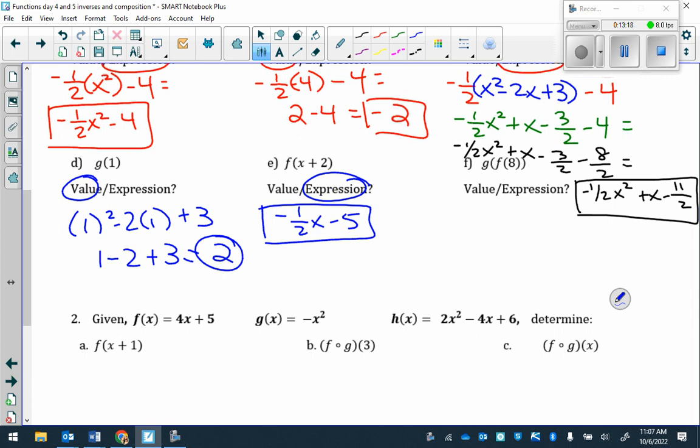Okay. So now we have composition again, but it's G of f of 8. Are we going to end up with a value or an expression? Value. Good. So we first want to work inside out. F of 8. So we have negative 1/2 times 8 minus 4. What do we end up with?